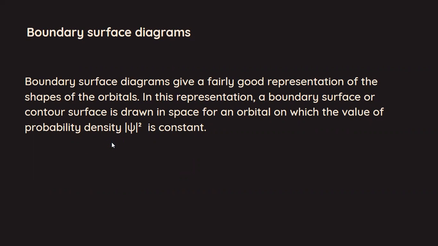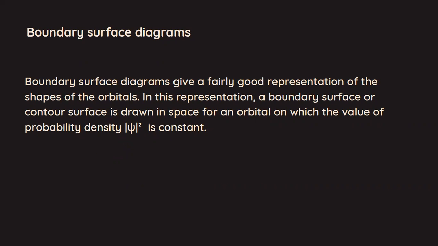Many boundary surfaces can be formed, but the probability of finding the electron is close to 90% within this boundary surface. But you need to remember that no matter how far we go from the nucleus, the probability of finding the electron is never 0%, because the probability density, psi square, is always going to have a value.